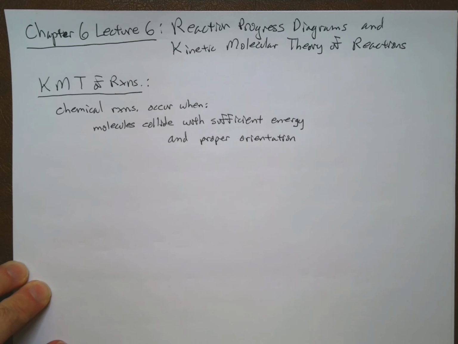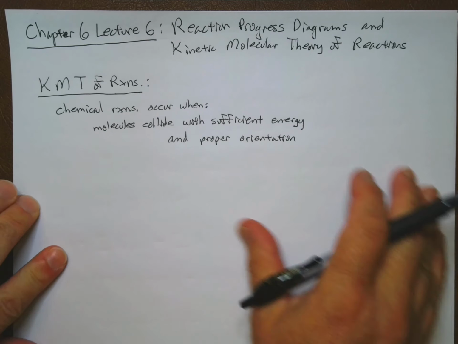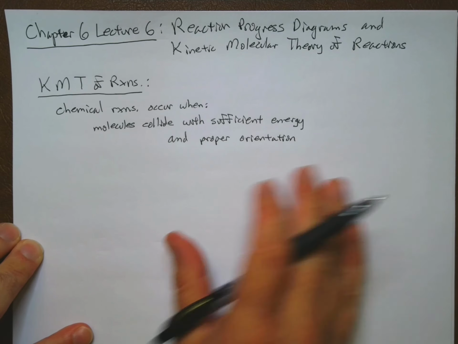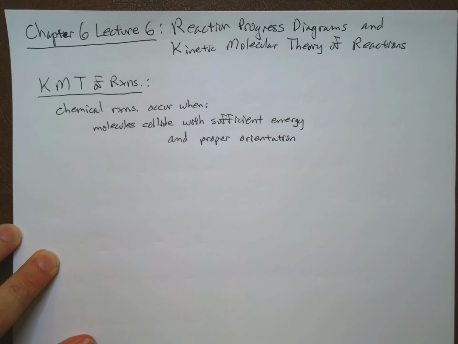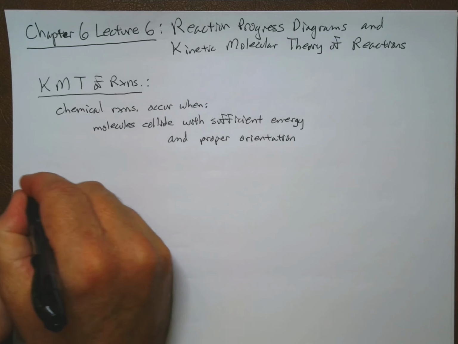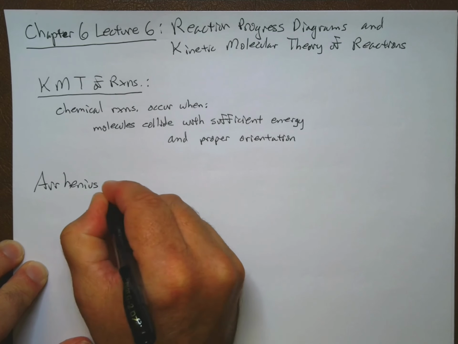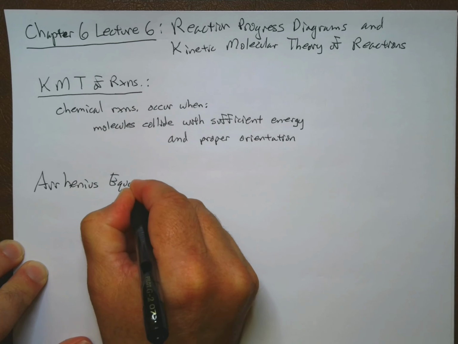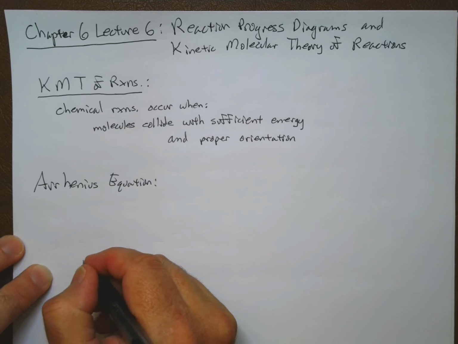Okay, so we can express this mathematically in the following way. We have something called the Arrhenius equation.